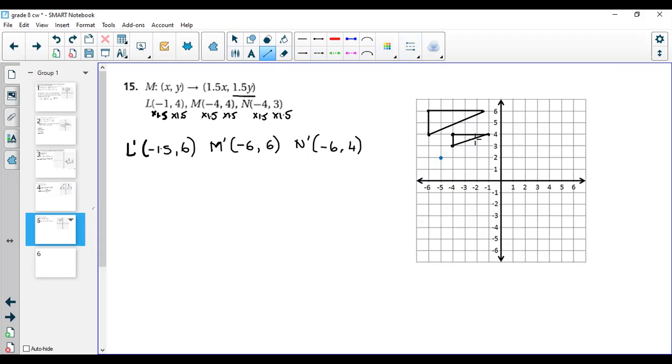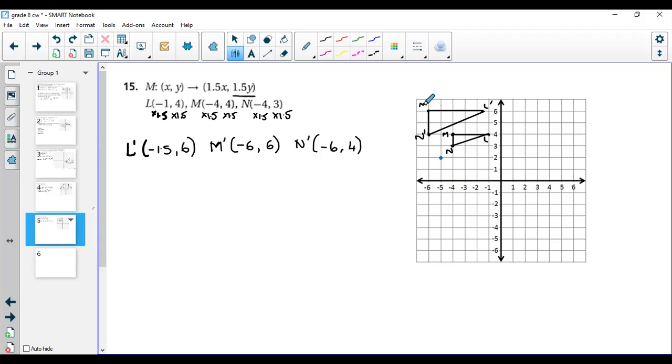So as you can see, it is an enlargement, which means this triangle, LMN, has been enlarged 1.5 times to get this triangle, which is L prime, M prime, and N prime.